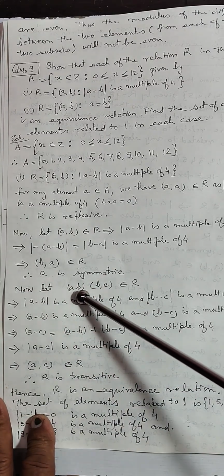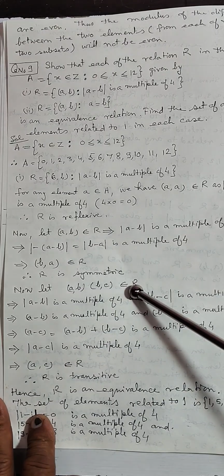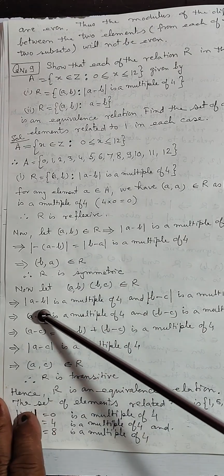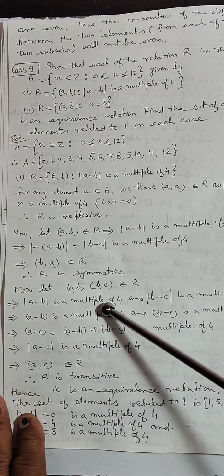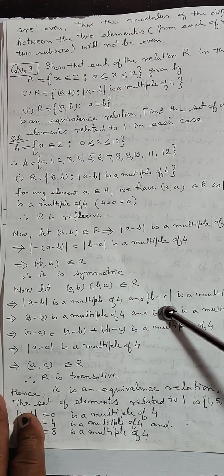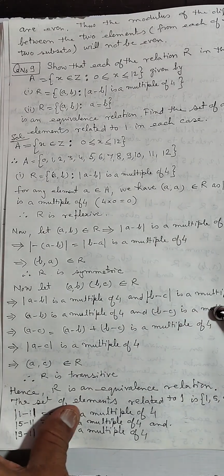Now let (a, b), (b, c) belong to relation. This implies that mod of a minus b is a multiple of 4 and b minus c is a multiple of 4.